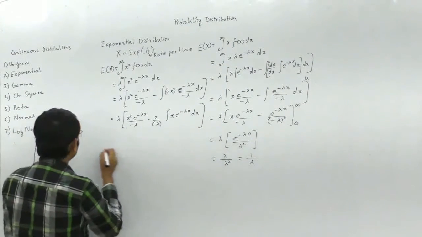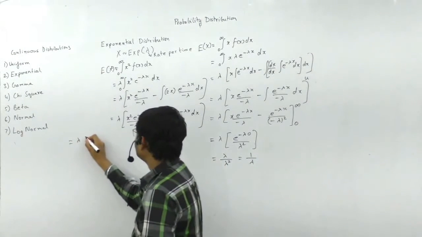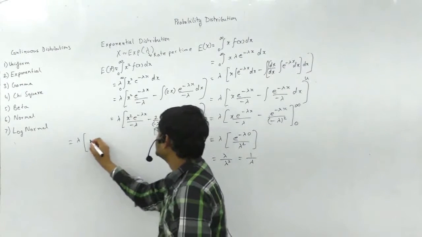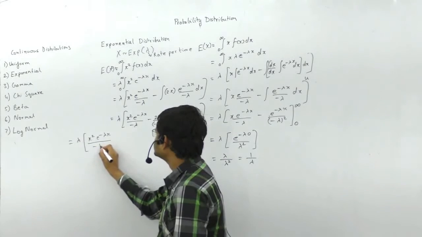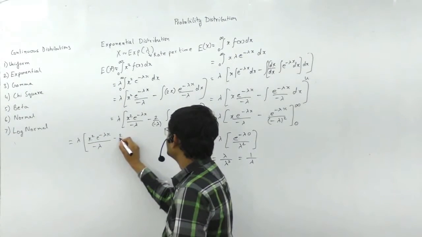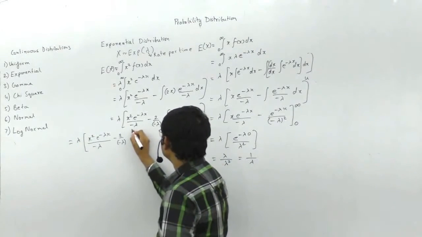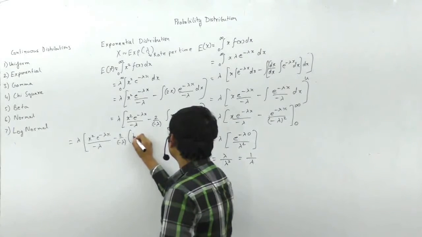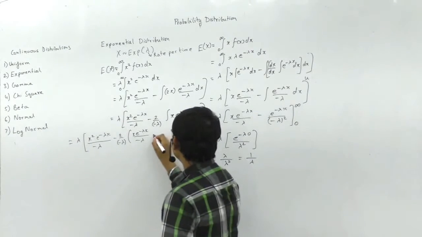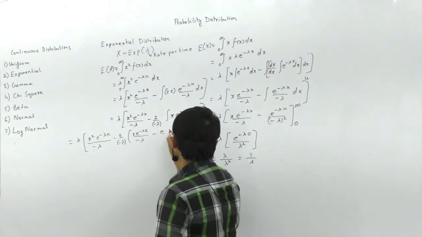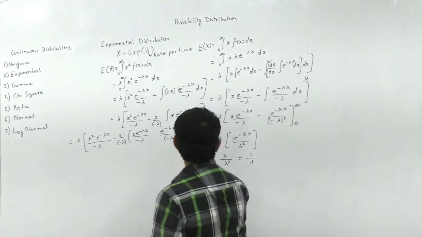I'll need more space, so I'll write it here. We get lambda into, first of all, this particular term x square e raised to minus lambda x upon minus lambda, then minus 2 by minus lambda, and then the integration of this is nothing but x e raised to minus lambda x upon minus lambda, minus e raised to minus lambda x upon minus lambda square.